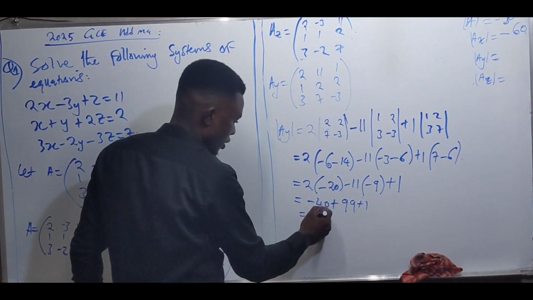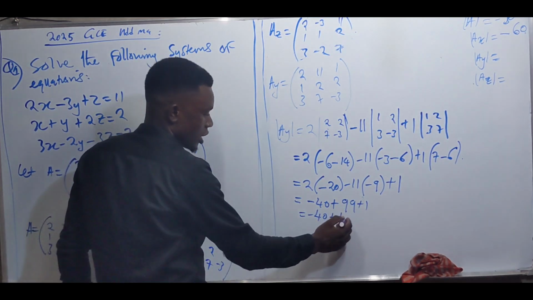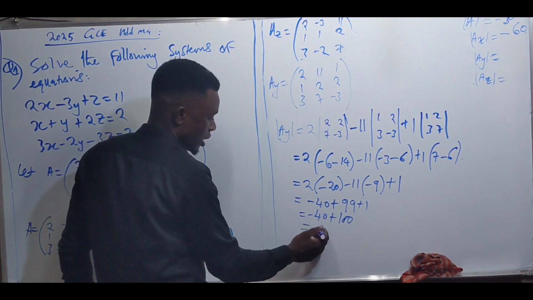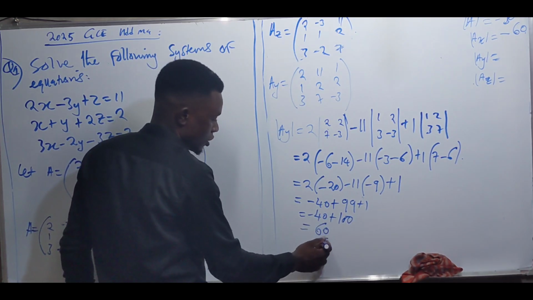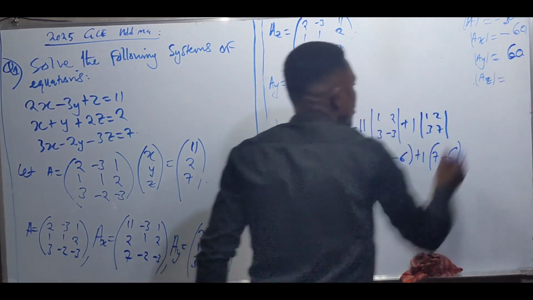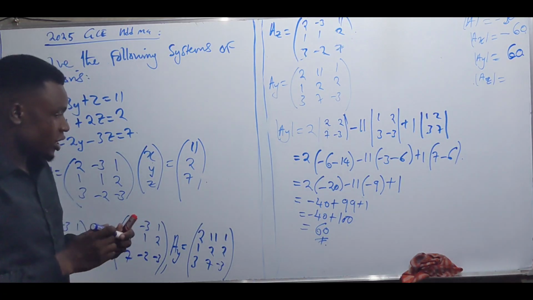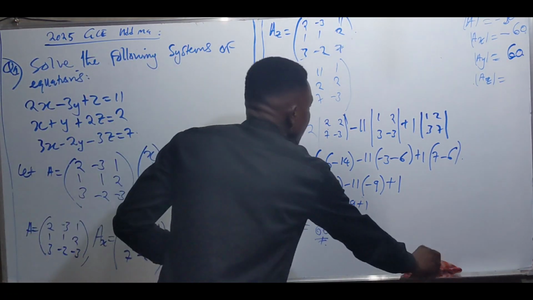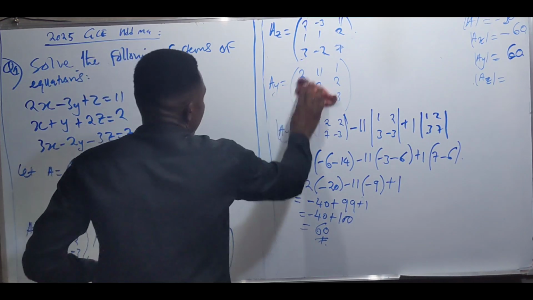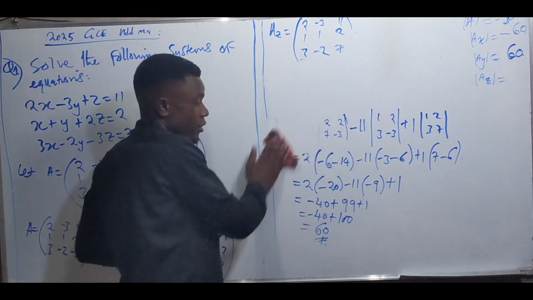So -40 plus 99 plus 1, that is 60. You basically get positive 60. Therefore, the determinant is positive 60. So we can solve the determinant for the last part. In this case, we're dealing with this augmented matrix. Great. Simple.